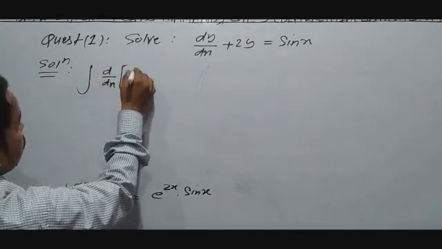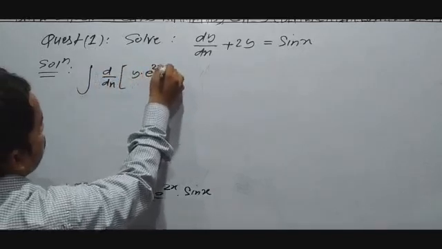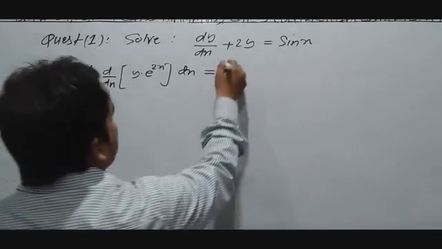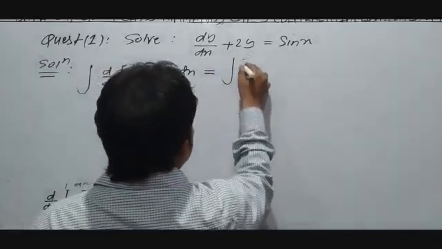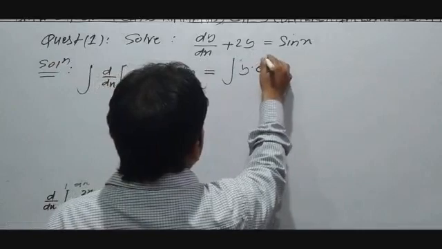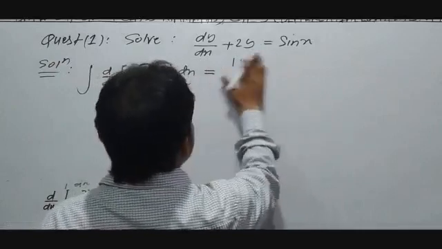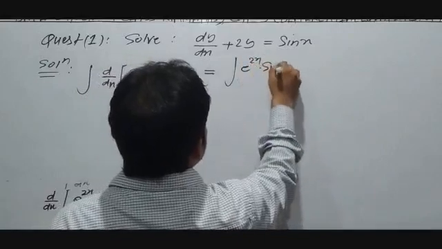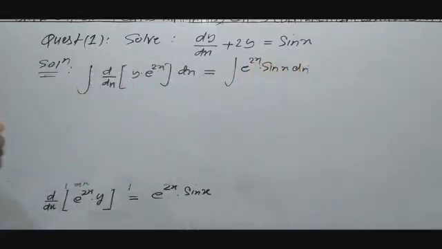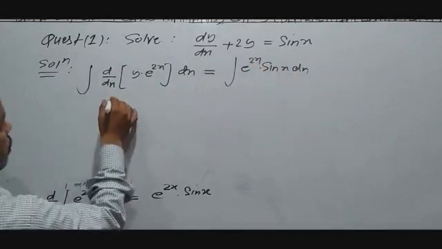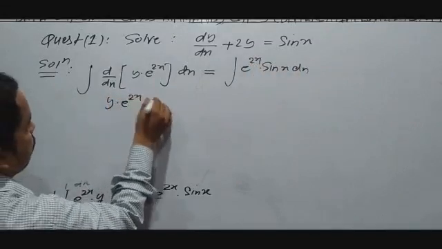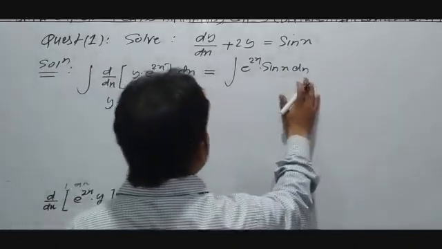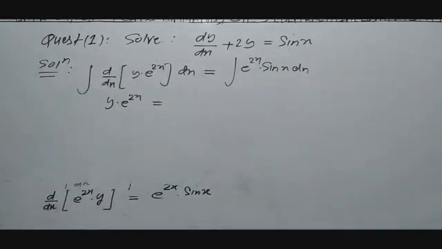Integration of d by dx of y times e to the power 2x dx is equal to integration of e to the power 2x into sin x dx. Now the result will be y times e to the power 2x is equal to this integration, which we can solve by using integration by parts.